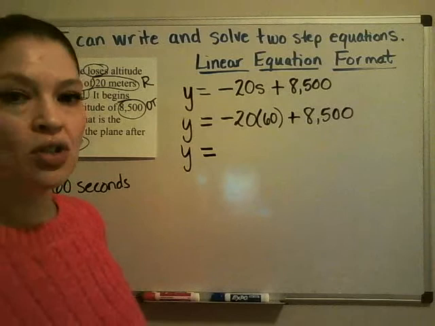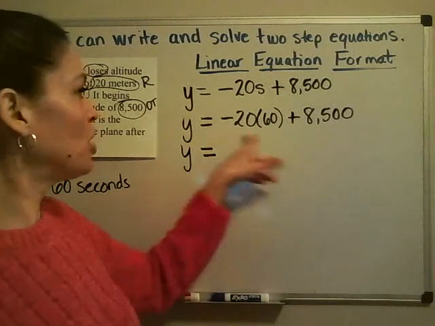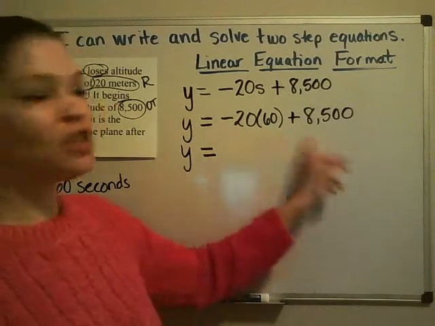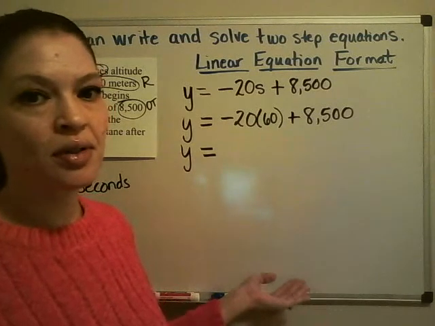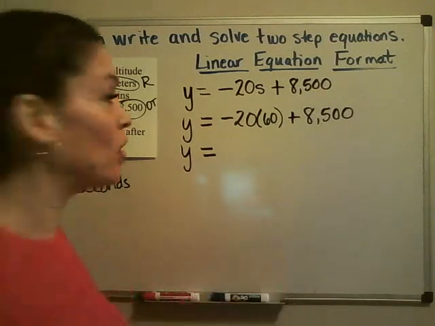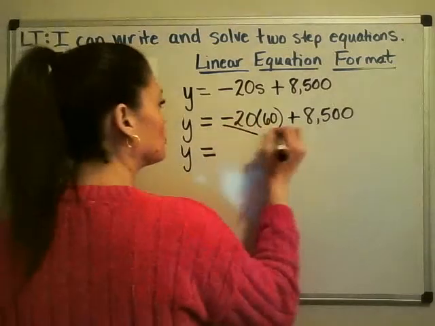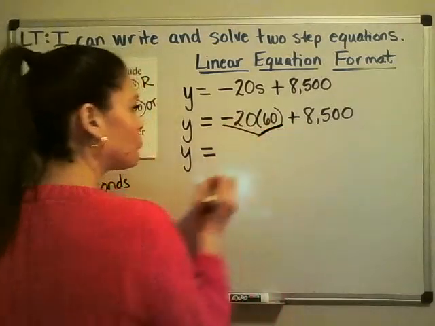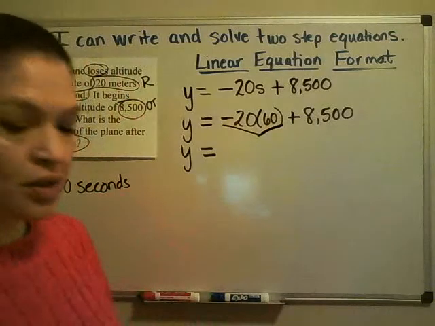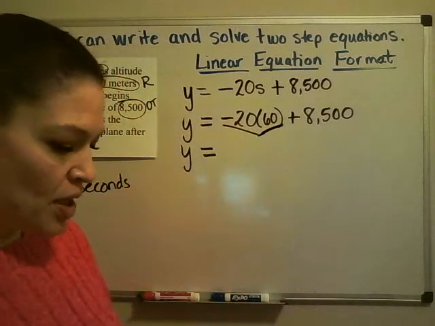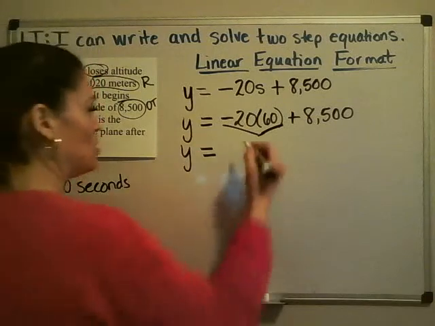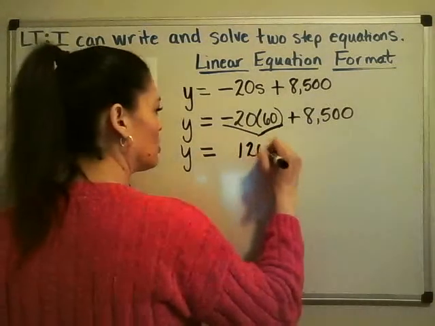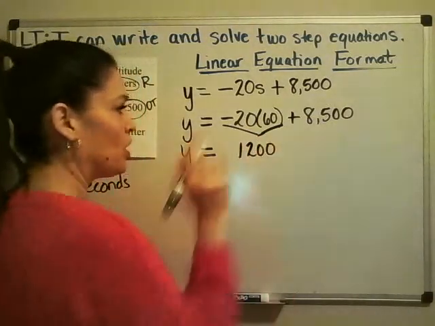Use order of operations. We have multiplication going on over here, and we have addition. Which one comes first in PEMDAS? So you're going to multiply first. Okay. 20 times 60 is 1,200.